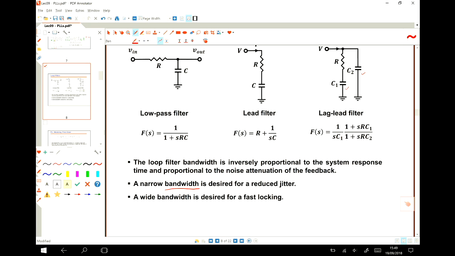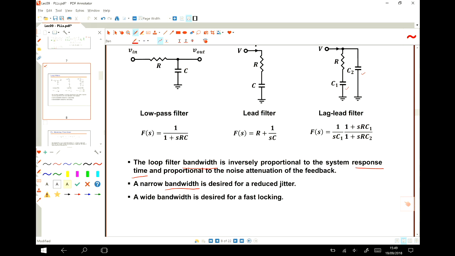So the bandwidth of the filter is a kind of trade-off between the bandwidth and the response time. If we widen the bandwidth, then our lock time reduces. We have a fast lock if we increase the bandwidth.